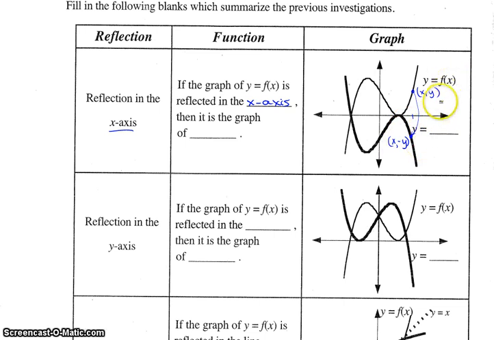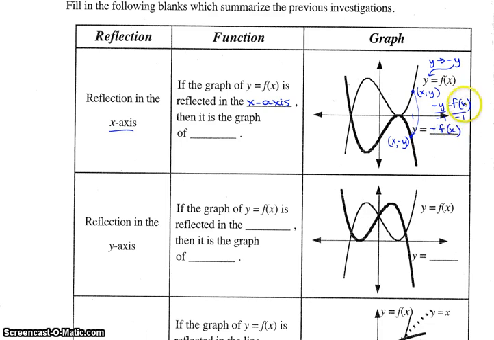So in other words, if you then replace y with negative y in the equation, then our equation would become negative y equals f of x, or divide both sides by negative 1, it would become y equals negative f of x.